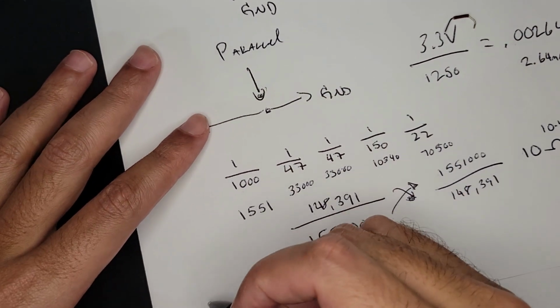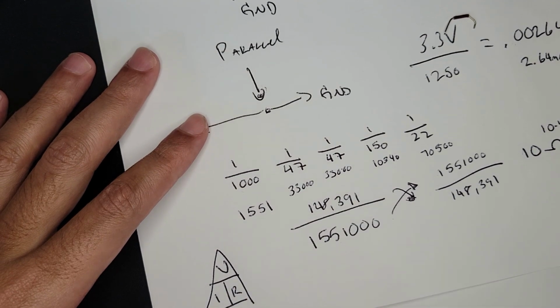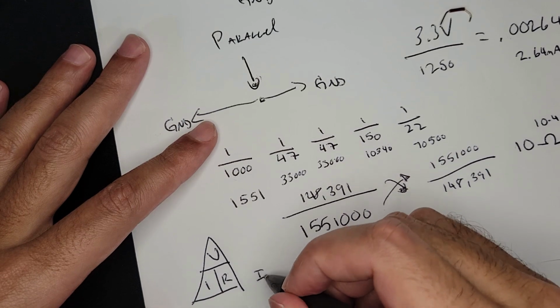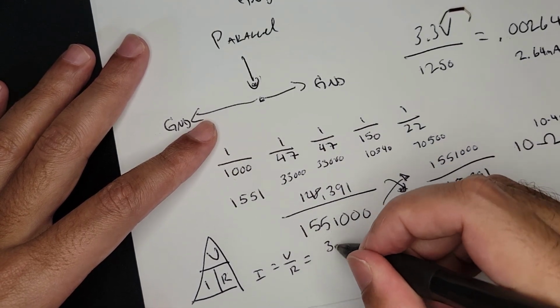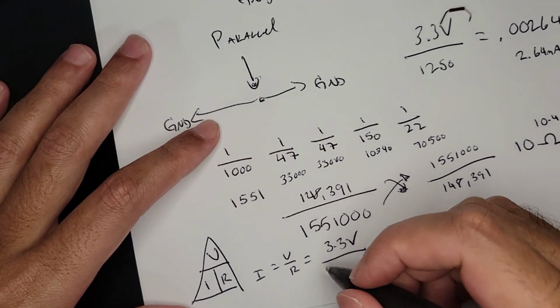And with 10 ohms, we have our triangle, of course, V, I, R. If we want to find current, then V is on top of R. So I equals V over R, which equals 3.3 volts, because we've known this for a while now, over 10.